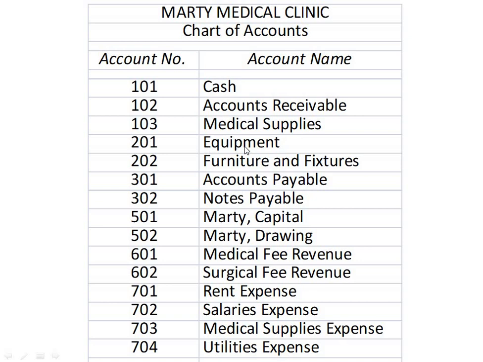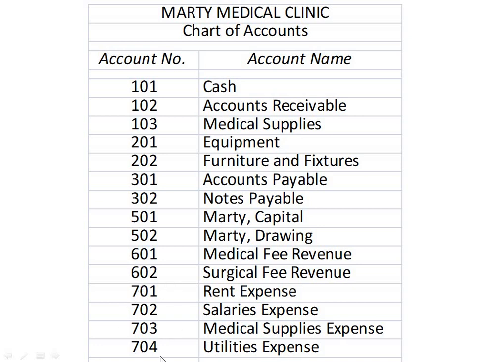Non-current assets are in the 200s. Current liabilities in the 300s, and the equity accounts in the 500s. So obviously, the accountant of the clinic is reserving the 400s for the non-current liabilities. Each revenue account has an account number in the 600s, while expenses are in the 700s.